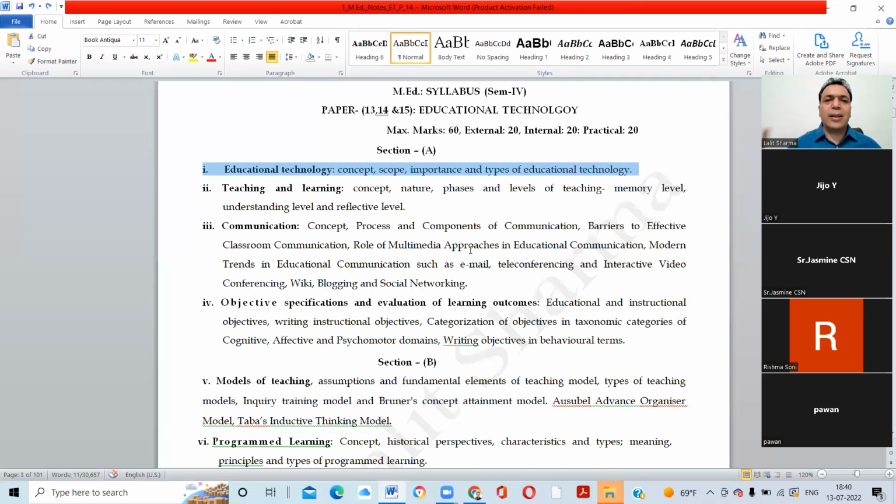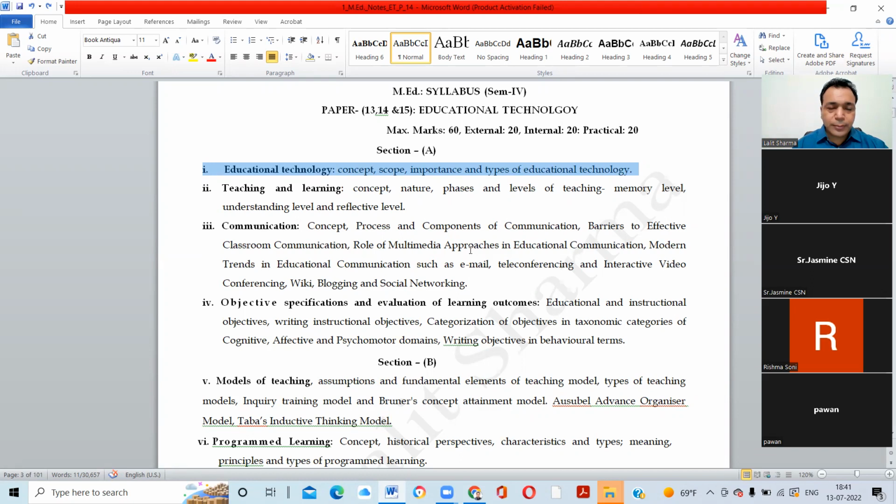You will get one full-fledged question there. Everybody has to attempt this, because a lot of things are asked by the examiner.